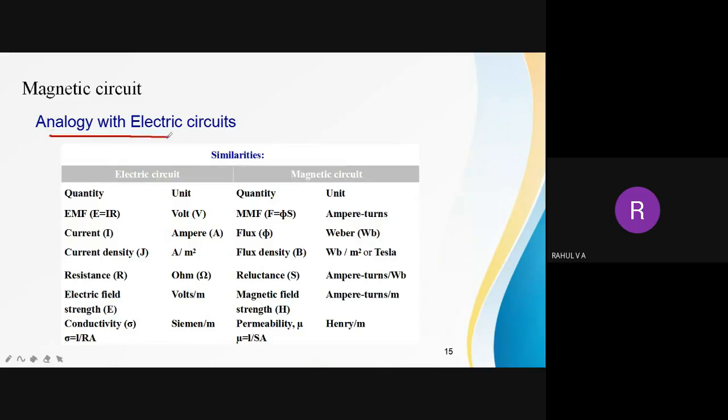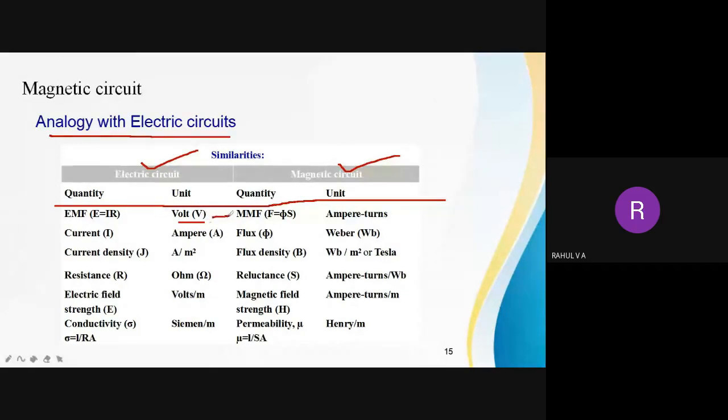Now we will discuss the analogy with the electric circuit, the comparison between magnetic circuit and electric circuit. This is one of the important questions. Every time it has been asked for three marks and for 6 marks also. So this is the electric circuit, this is the magnetic circuit. Here we have EMF, E is equal to I into R, unit is volt.